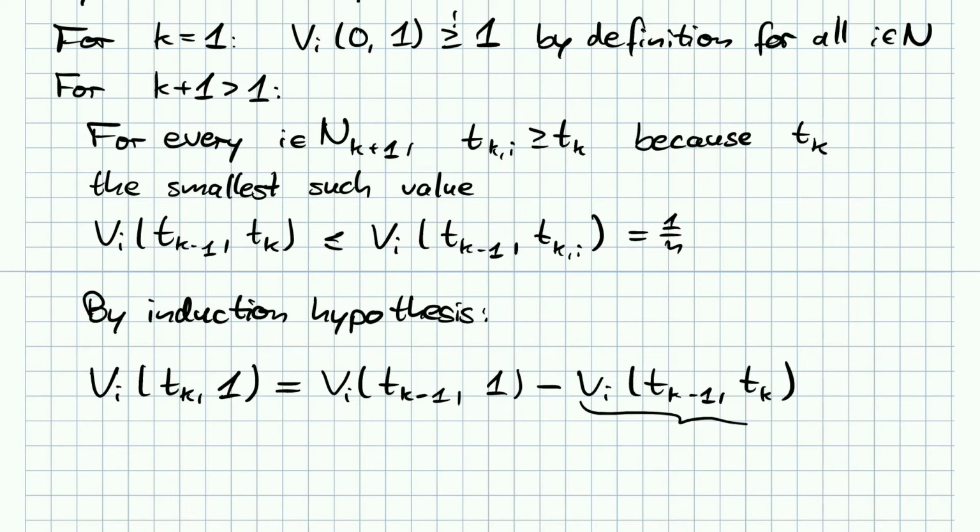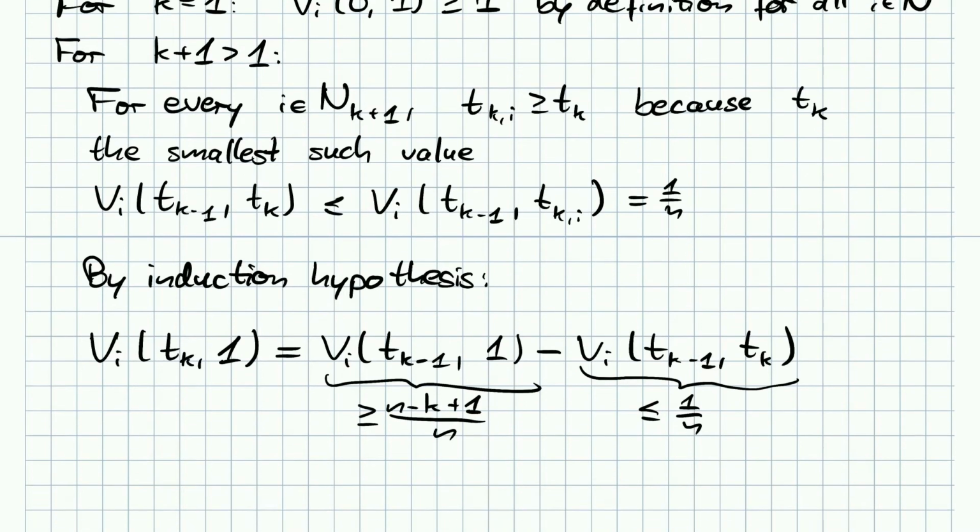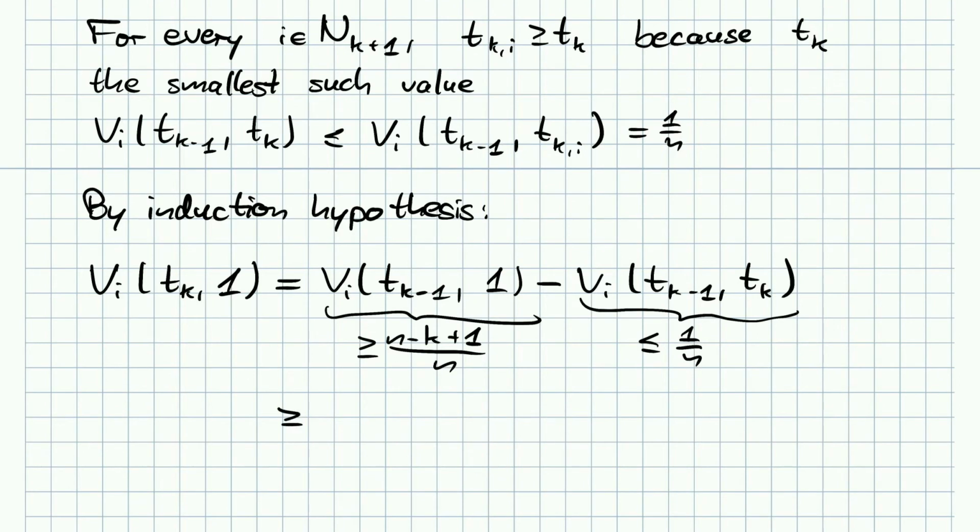Now for this, we know that this is at most 1 over n. For this part, we know that it is at least (n minus k plus 1) over n. So what we're getting in total is that this is at least (n minus k plus 1) divided by n. And this completes the induction.